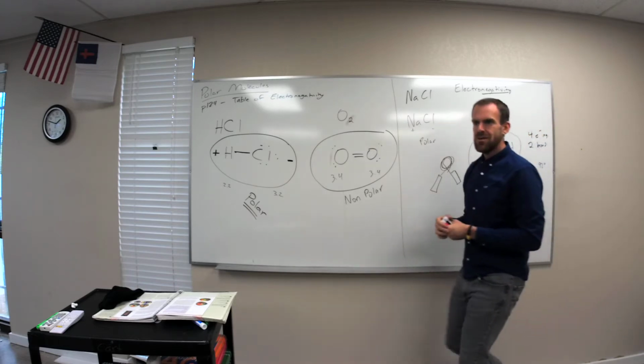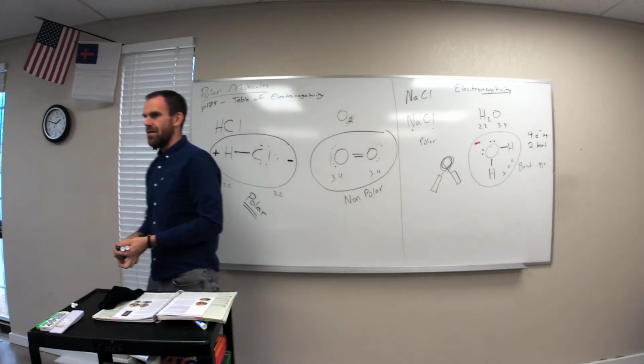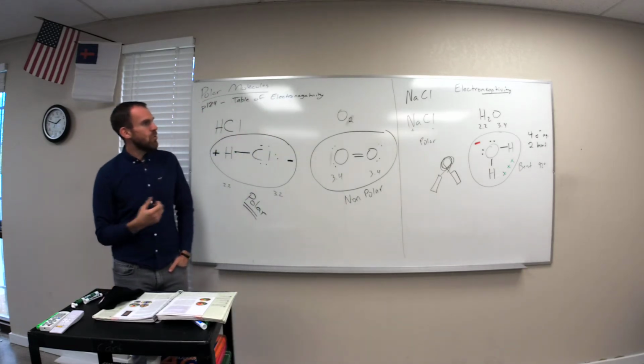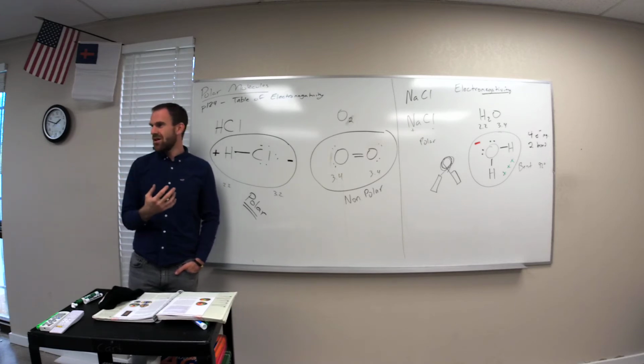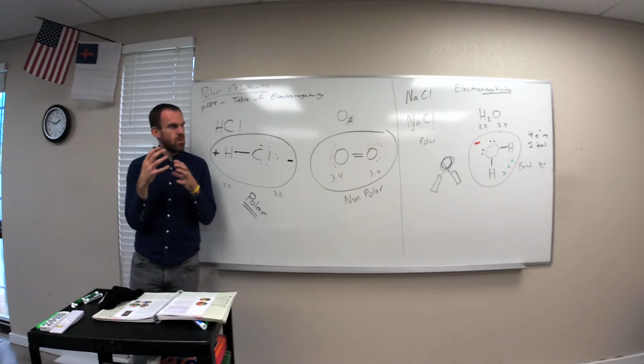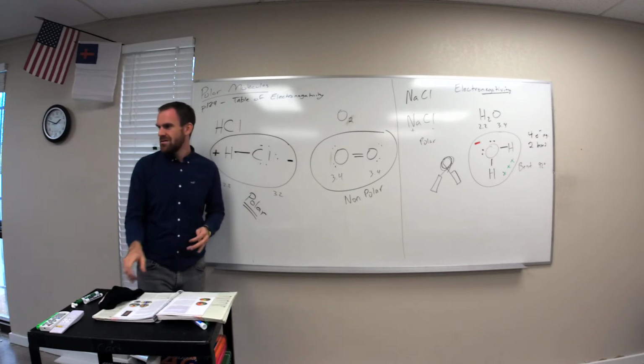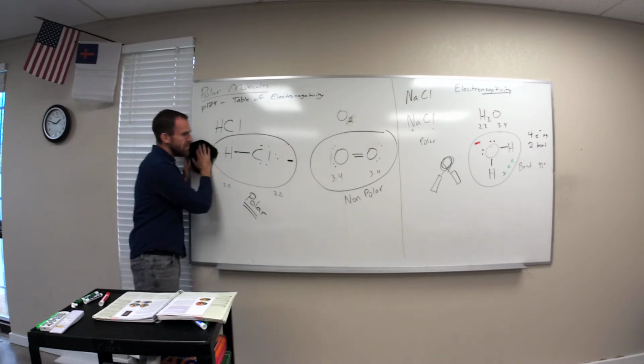So you can see that they would fit together well. Hence, when we pour water into salt, it usually dissolves because the salt molecules and the water molecules fit well together.